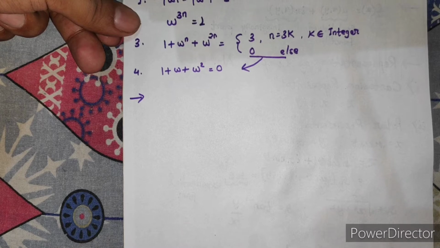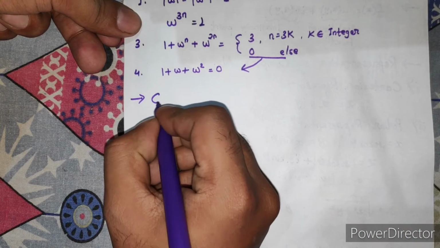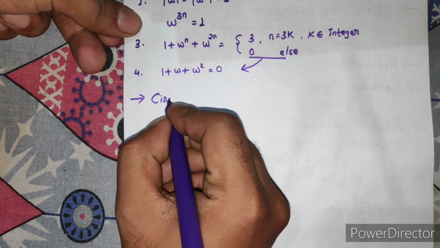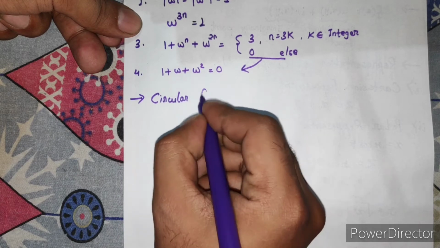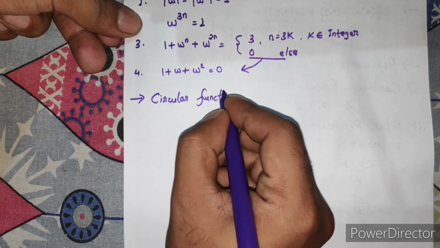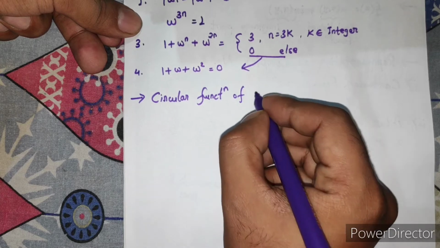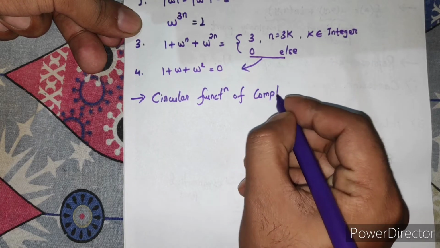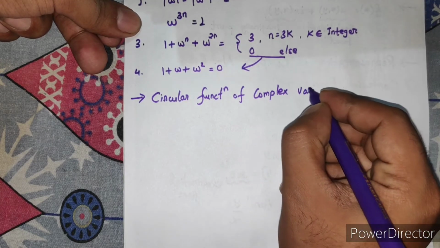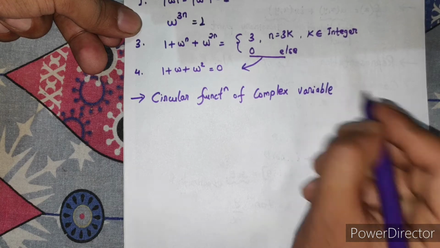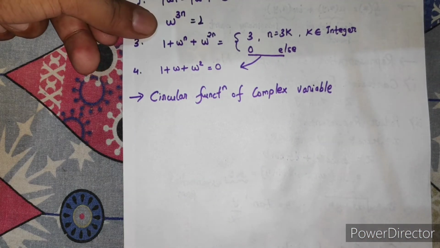Now next comes the circular function of a complex variable. The results you already know.